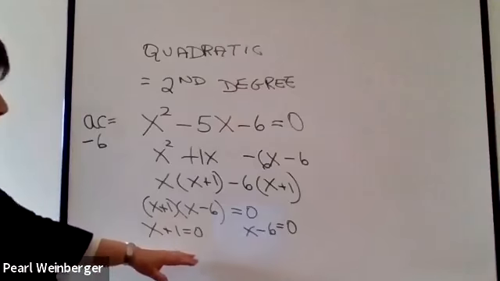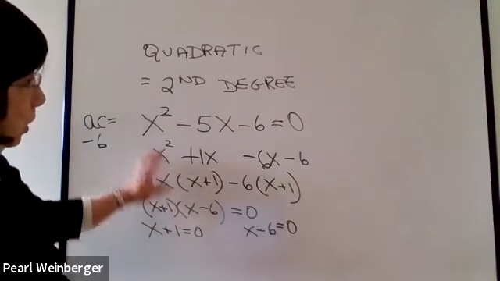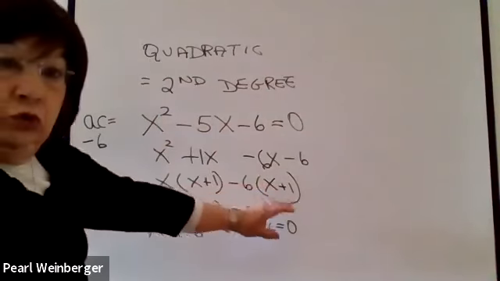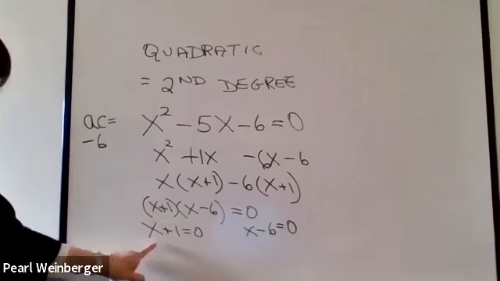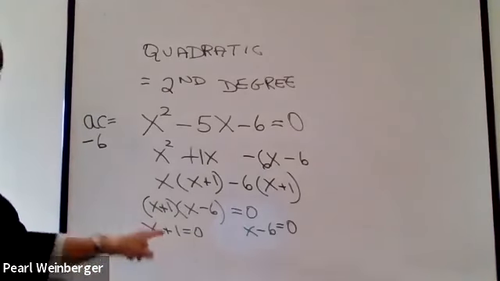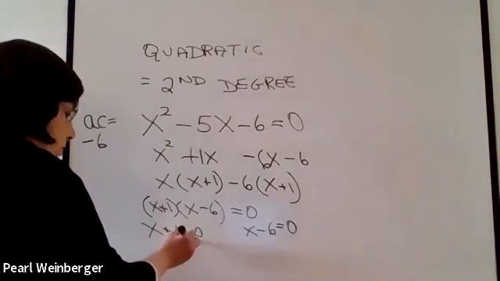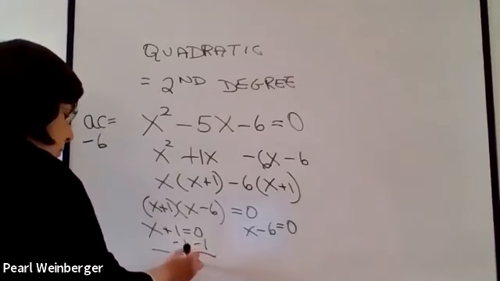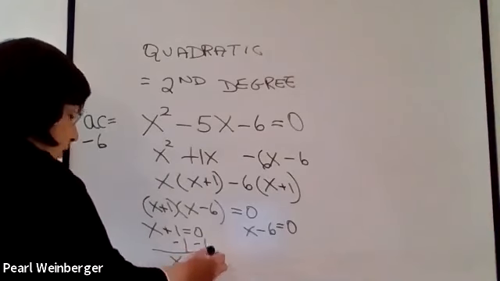And it turns out that from the one complicated equation, I end up with two much simpler equations. I know how to solve x plus 1 equals 0. I just bring the 1 to the other side, and that gives me x equals negative 1.